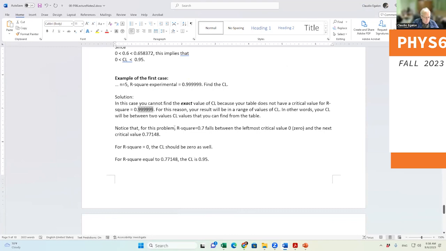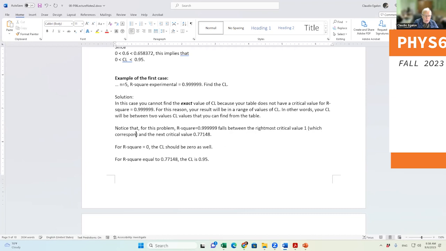And now going back here, it falls between, not the leftmost, but now the rightmost critical value 1, right?